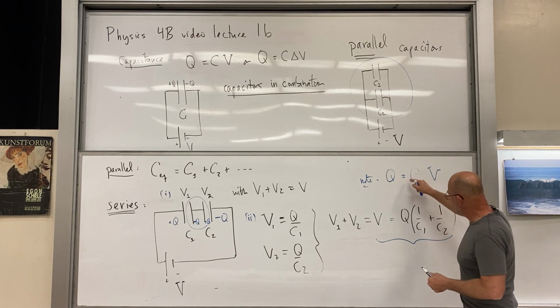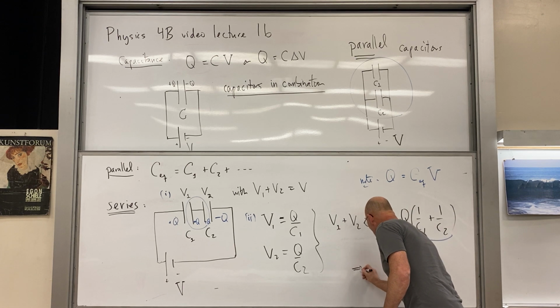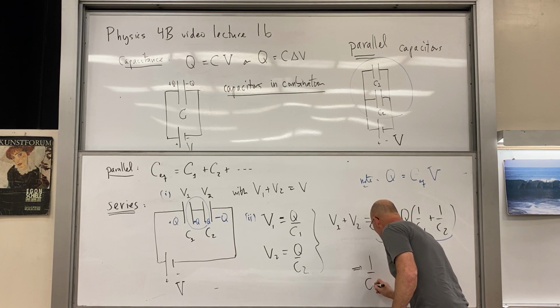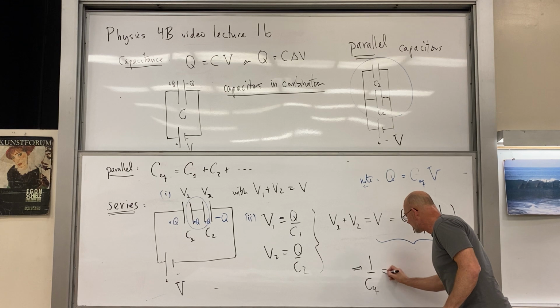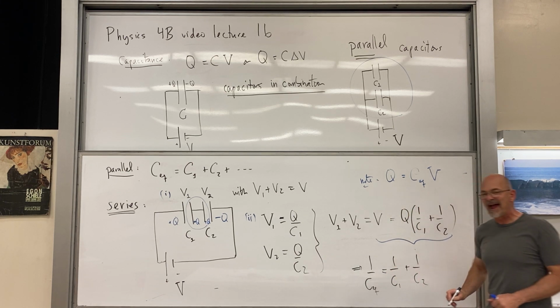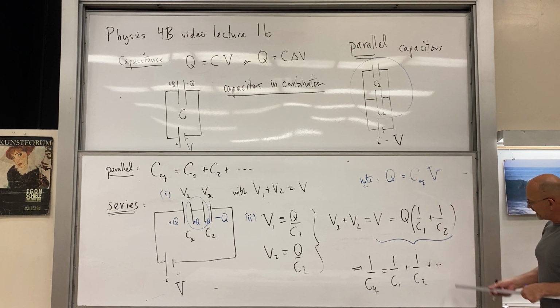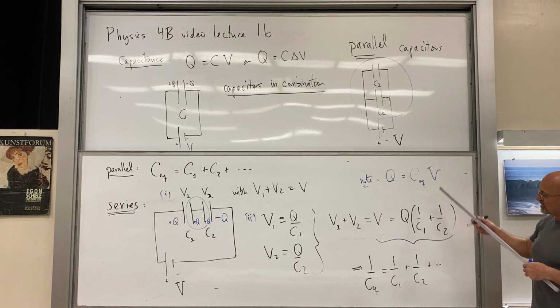So C equivalent is Q divided by V, and immediately 1 over C equivalent is 1 over C1 plus 1 over C2. So they add as the reciprocals, and you can also keep adding 1 over C3, 1 over C4 with the same logic.